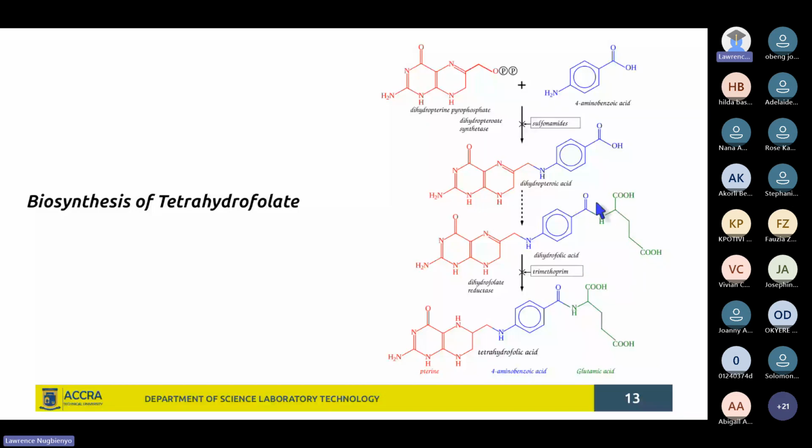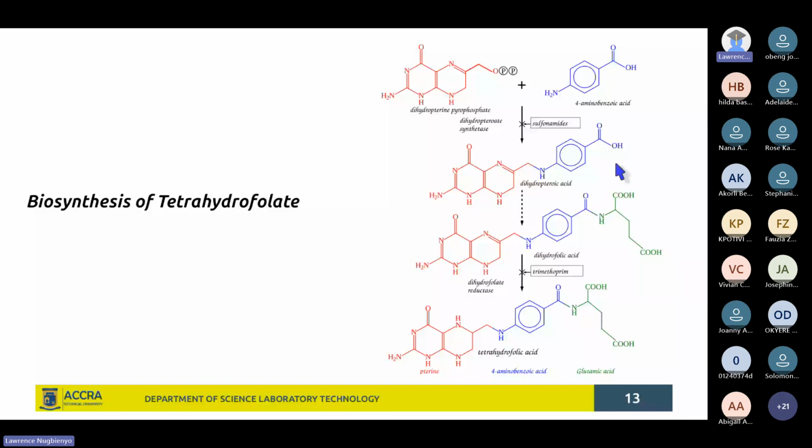If you look at it even more critically, you can tell clearly that this is just like some peptide bond being formed. So it's a peptide-like bond being formed between glutamic acid, on its amine end, that is binding to a carboxylic acid end of the dihydropteroic acid. And so what it forms is a peptide-like bond.